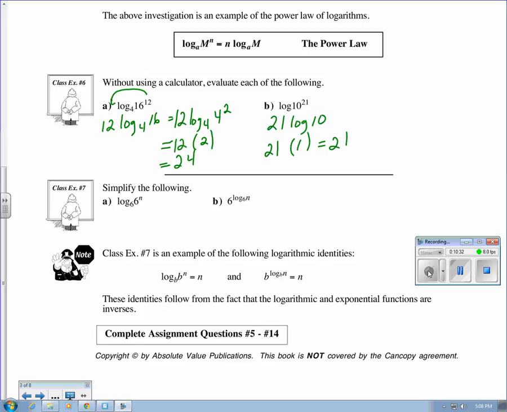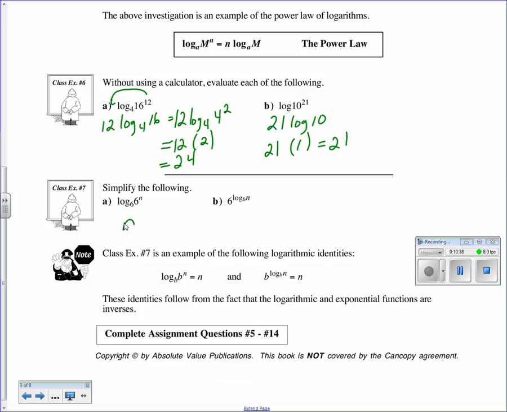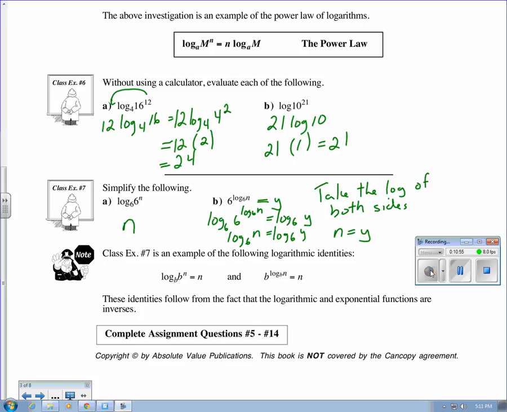And we've actually seen both of these examples already. Log base 6 of 6 to the n, logs generate exponents, so I simply get my n value. And then when you're taking a look at 6 to the exponent log base 6 of n, how are you getting back a value? I kind of like the last example. If I visualize it in log form, my unknown is in the exponent position, so I'm going to take log base 6 of both sides.